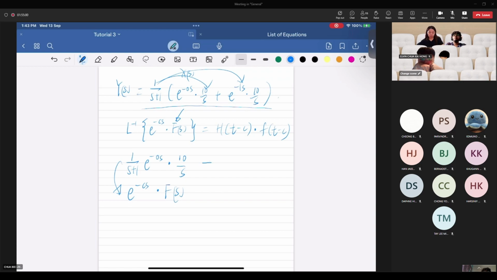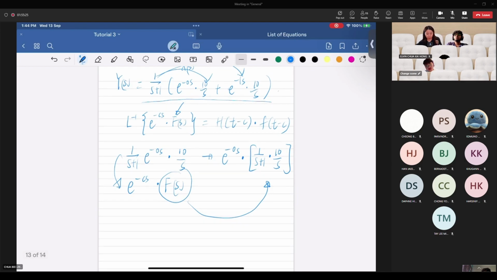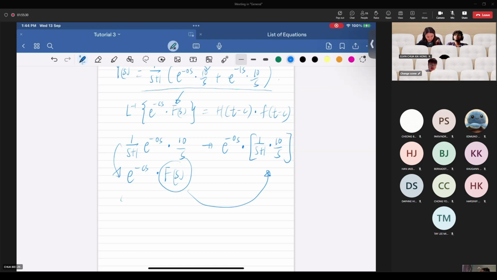Then you have to rearrange the position. You have e^(-0s), group everything together as your F(s). So you'll be having 1 over (s+1) multiplied with 10 over s. So now, by comparison, what is your c?